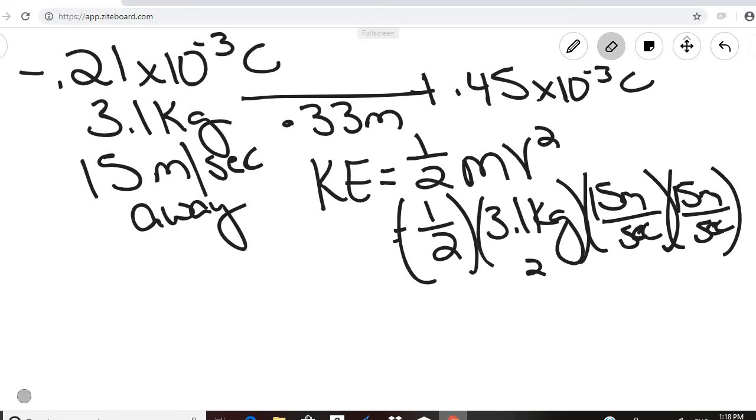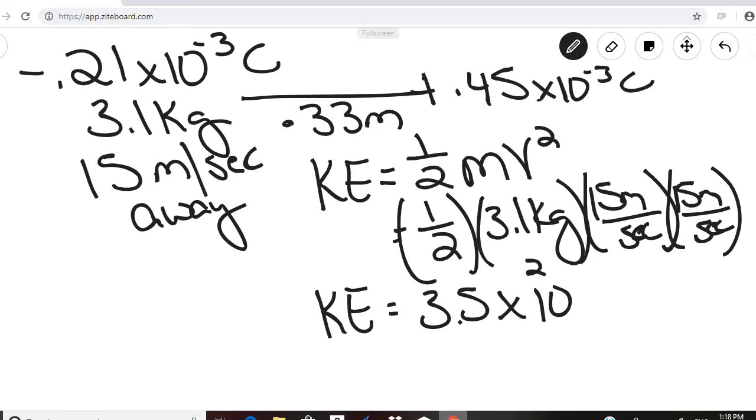What we will get for kinetic energy is that the kinetic energy will be equal to 350 joules. So 3.5 times 10 squared Newton meters.